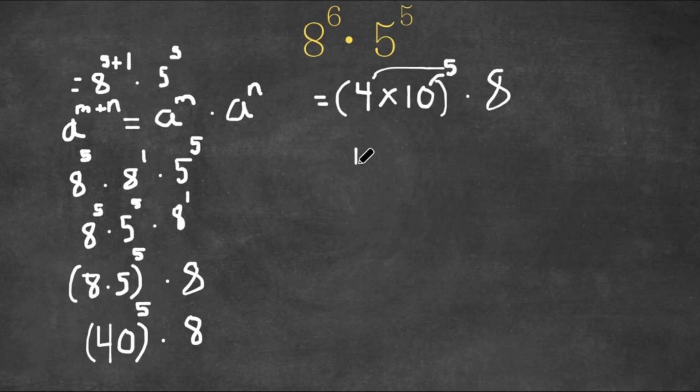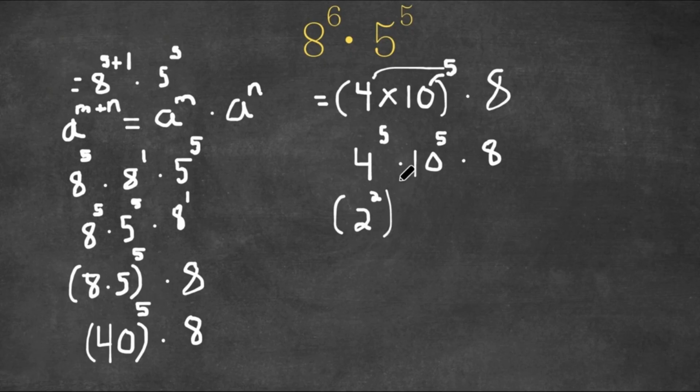So this would be 4 to the power of 5 times 10 to the power of 5 times 8. Now 4 to the power of 5, well, 4 is the same thing as 2 squared, and this is still to the power of 5, times 10 to the power of 5. And 8 is the same thing as 2 cubed.